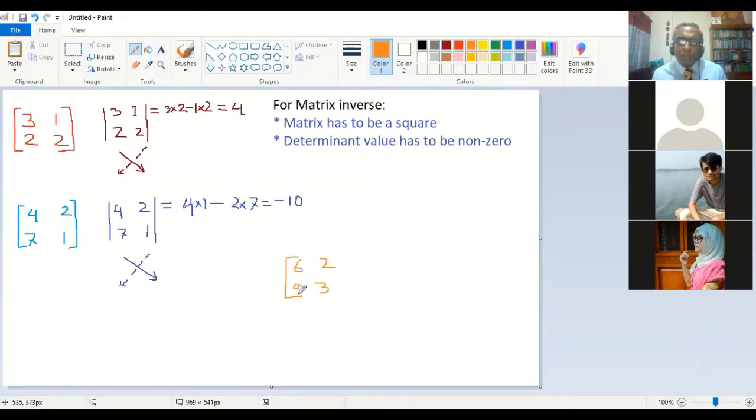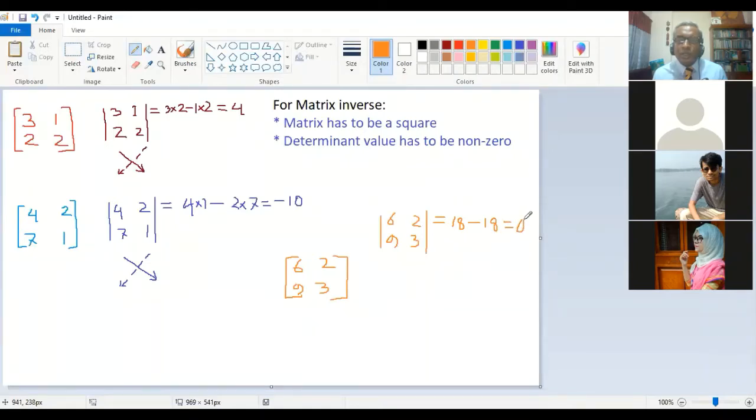This is the matrix, so the determinant will be in the same way 6, 2, 9, 3. And the result will be 18 minus 18. So 18 minus 18 is 0. So it is done, finished, right?